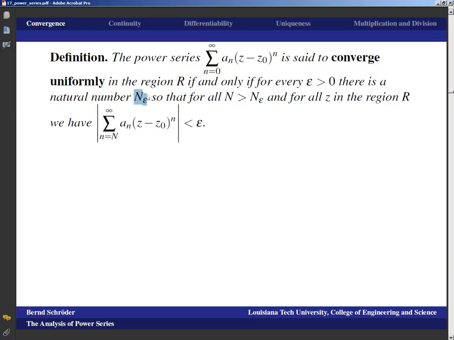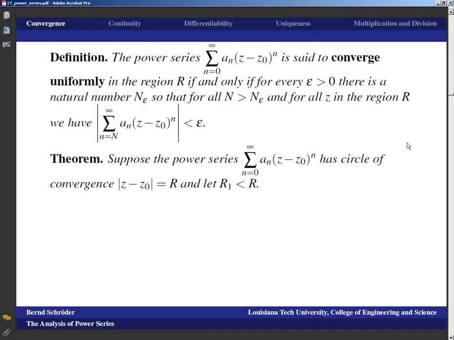The n sub epsilon is technically an n sub epsilon comma z because it also depends on z. In uniform convergence, the n sub epsilon really just depends on epsilon because everything else happens for all z inside that region.